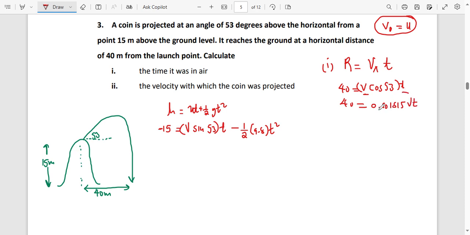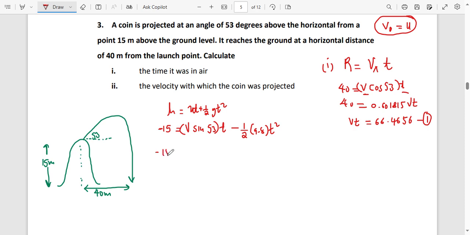I'll divide both sides by 0.601815, so we're going to remain with only vt. So vt is going to be 40 divided by 0.601815, and that is going to give us 66.4656. Let's say this is equation 1. I can finish simplifying this one here.